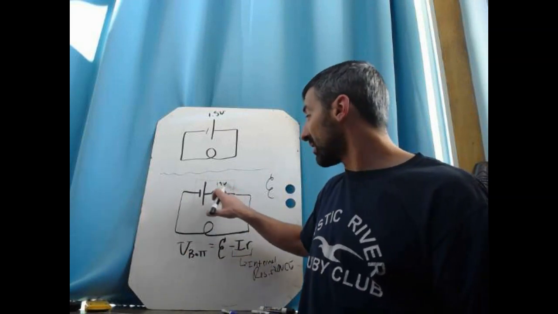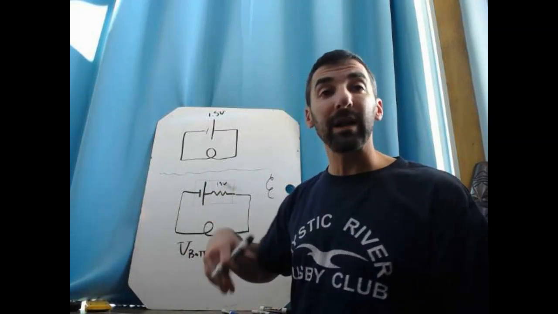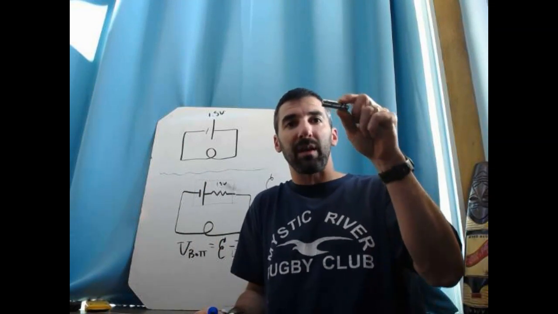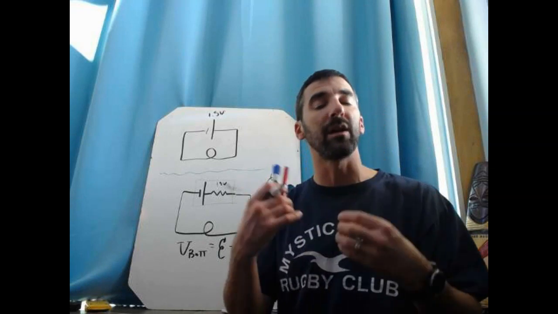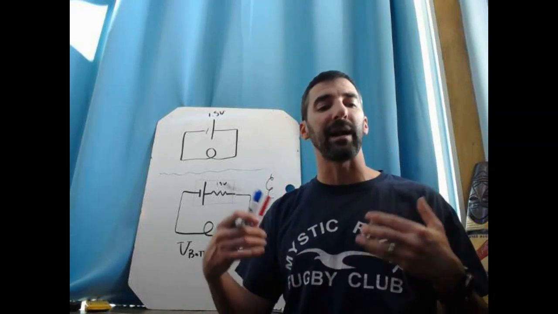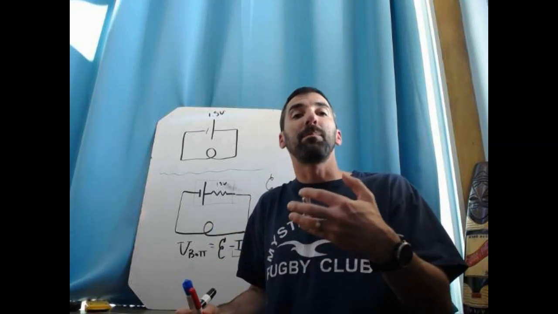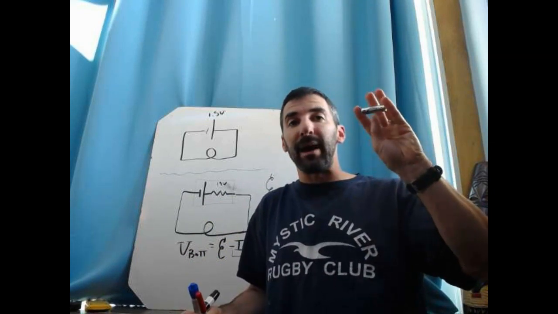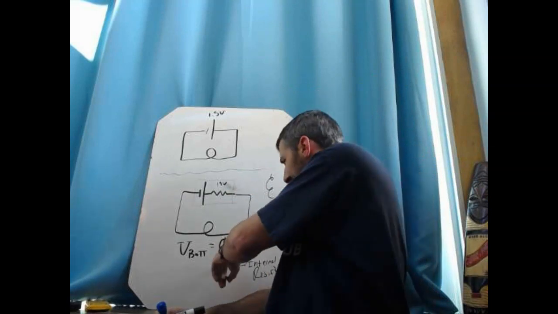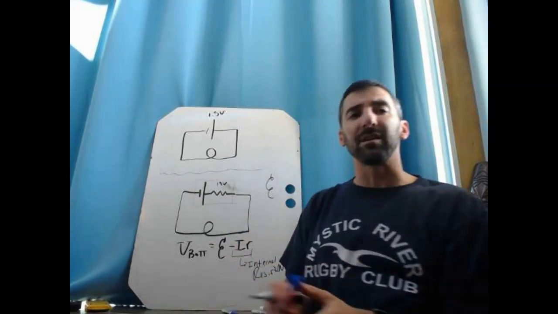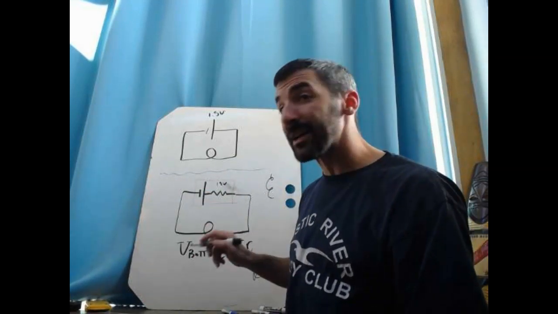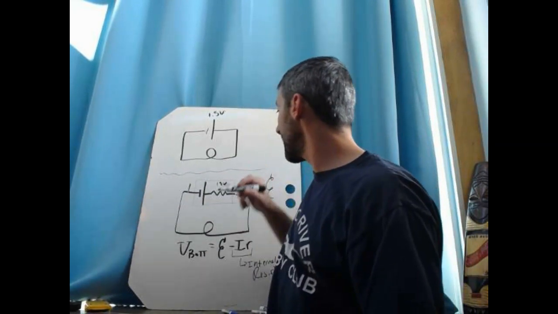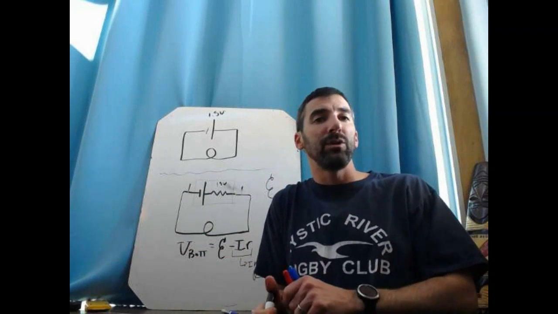Now, this V battery, if I wanted a 1.5 volt battery, so if I wanted this to be 1.5 volts, there's a chemical reaction in here that caused me to have some kind of potential difference, such that my battery provides that electromotive force. Now, the EMF of the battery, this might actually be 1.5 volts, but my actual measurable, if I took a voltmeter and measured there to there, I may only get 1.2 volts.